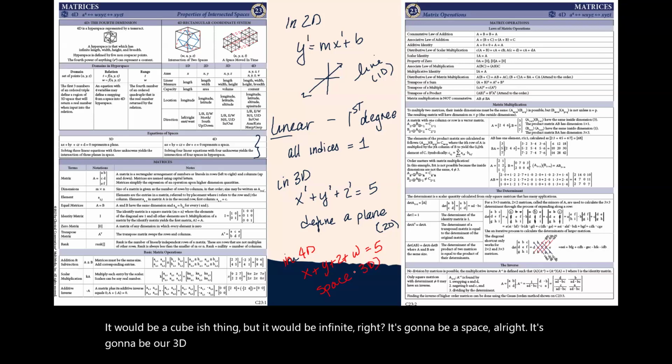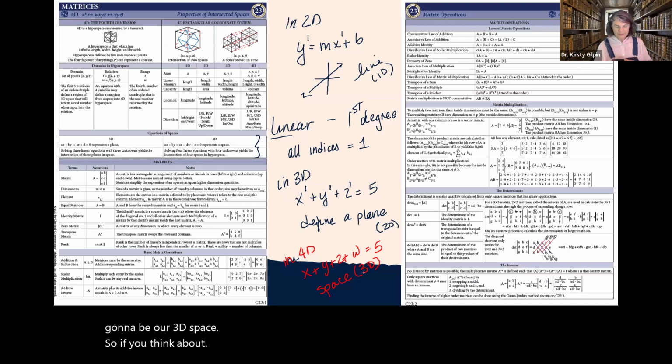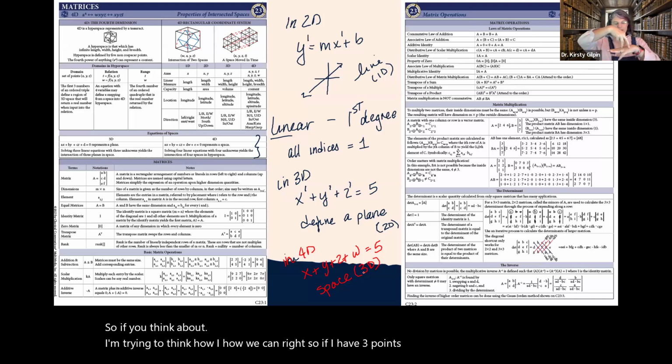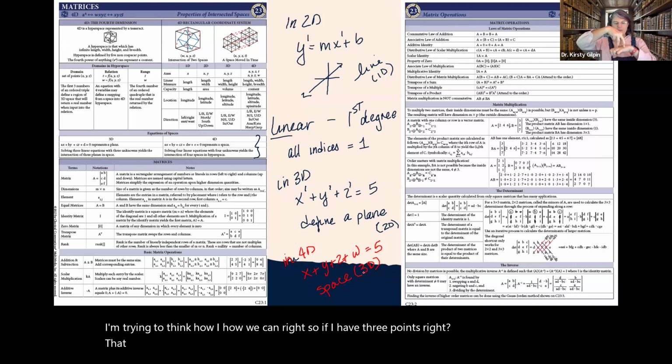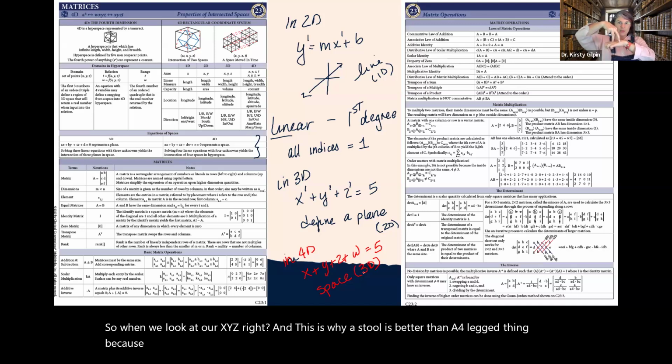Would it be like how it moves? So if you think about, I'm trying to think how we can, right? If I have 3 points, that defines a plane, right? And so when we look at our X, Y, Z, this is why a stool is better than a 4-legged thing, because 3 points are exactly 1 plane.